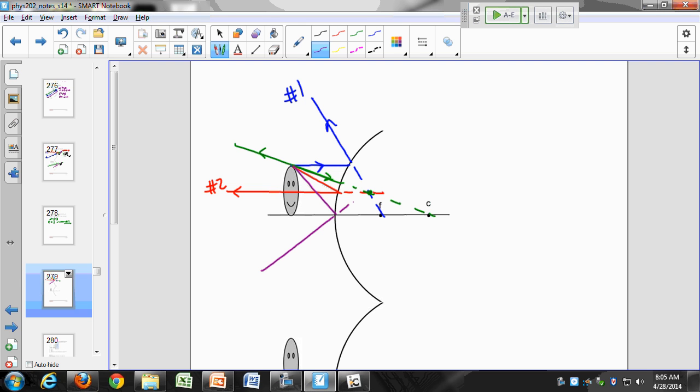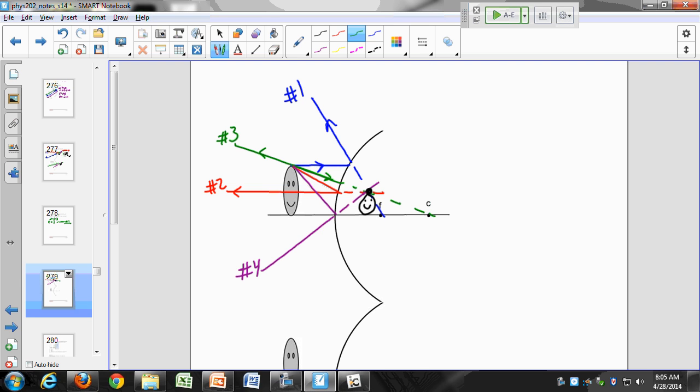And then I can trace it back right there. So my image is going to be right here. Notice that it's upright, it's smaller, and it's a virtual image. This is ray number 4, and this is ray number 3.